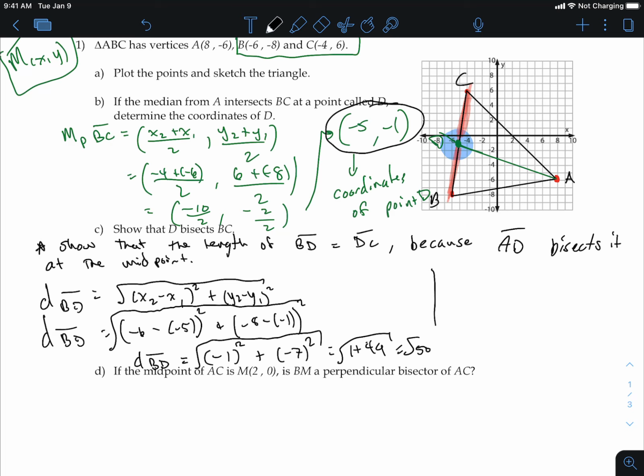So let's check the other half now, from D to C. Let's check the length of that.